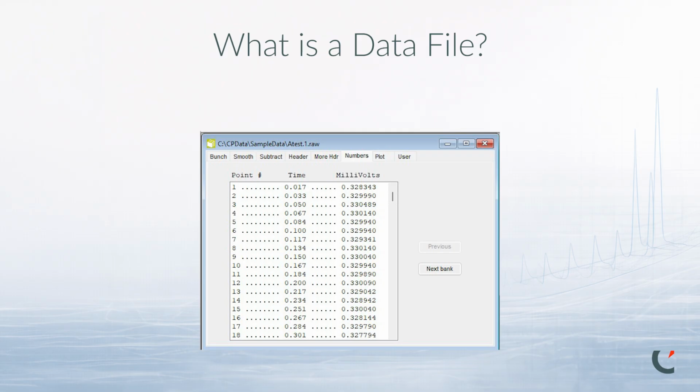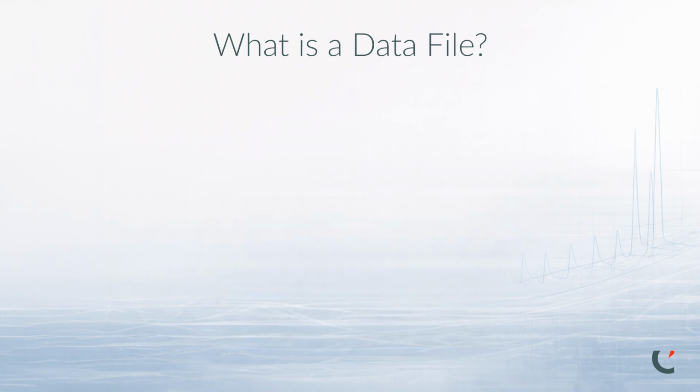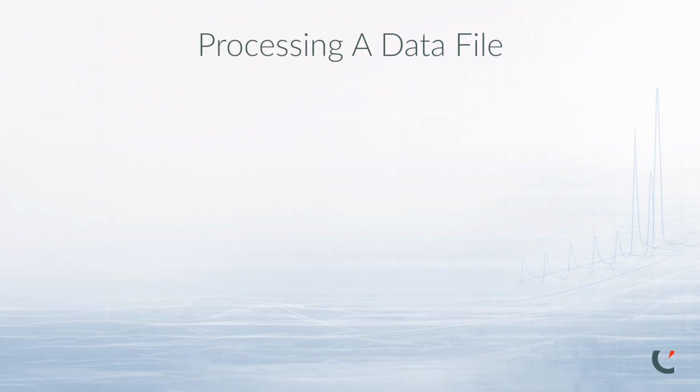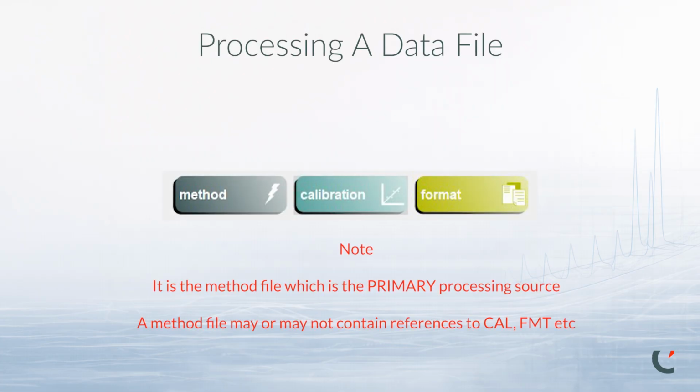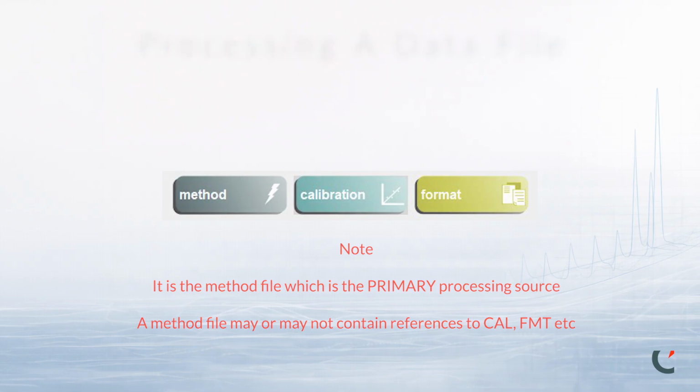This time versus response data represents the original captured signal, and it is stored in both a raw file and a bound file. In order for the user to interact meaningfully with this data, it must be processed. Processing is controlled primarily by the method file and calibration file. A formatted report may also be generated using a format file.